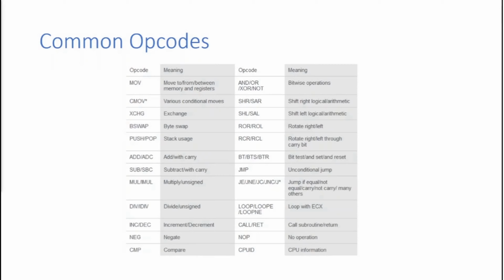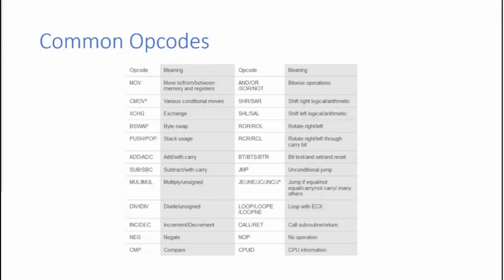If we have a look at common opcodes that are used in Intel-based microprocessors, there is the move instruction, which moves the value from memory and registers. There are push and pop instructions, which we can use to add a value to the top of the stack or remove a value from the top of the stack.